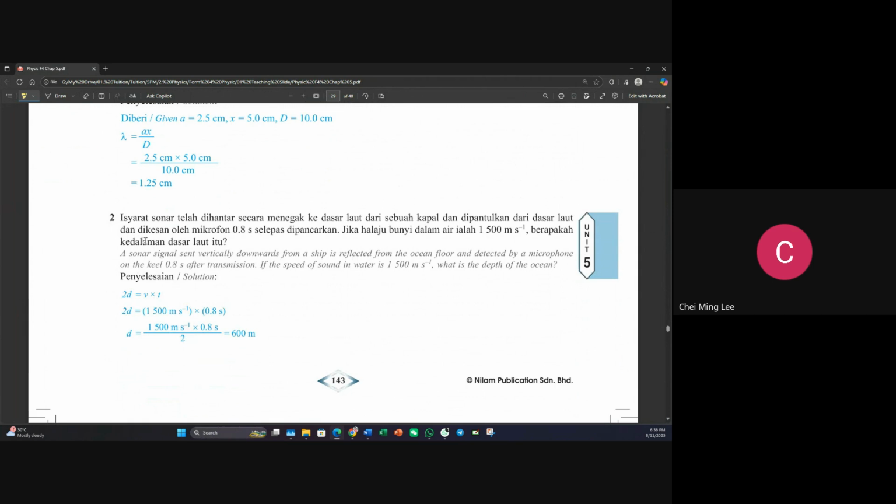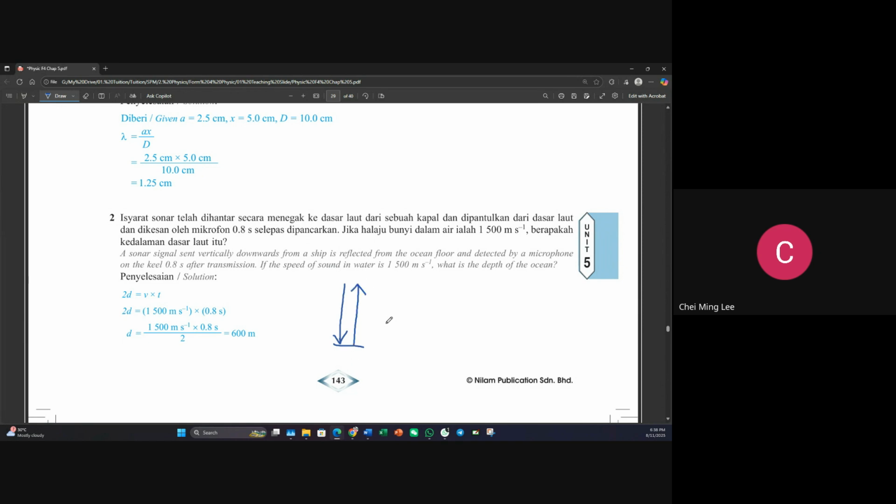Now, a sonar signal sent vertically downward from a ship is reflected from the ocean floor and detected by a microphone on the keel 0.8 seconds after the transmission. If the speed of sound in water is 1500, what's the depth of the ocean? We know that the sonar hits the ocean floor, then goes back.